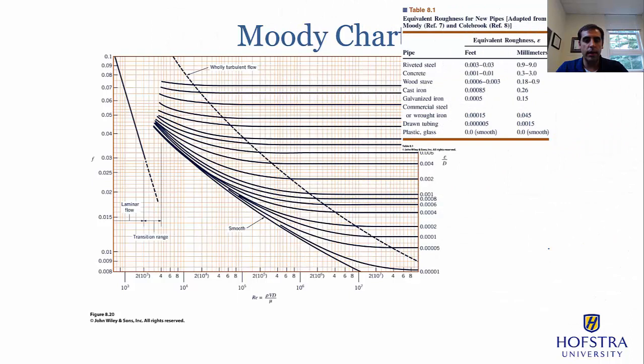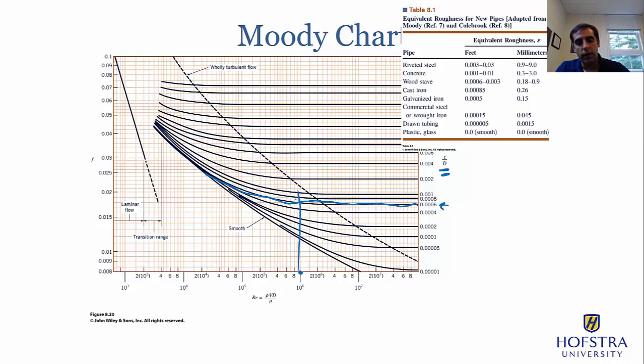I think I have an image of the Moody diagram right here. You might recall, again, this table 8.1 has the estimates on what the roughness would be based on the material. Knowing that, you can calculate epsilon divided by the diameter, or relative roughness. And to use this chart, let's just give an example. If you had a Reynolds number of 1 × 10⁶ and a roughness of 0.006, what you can do, let me just highlight this line here for us.